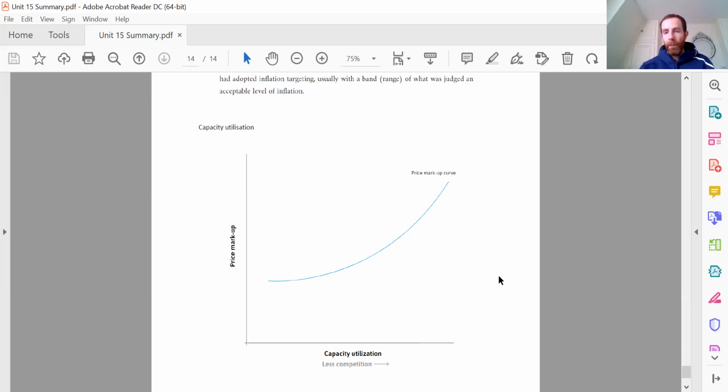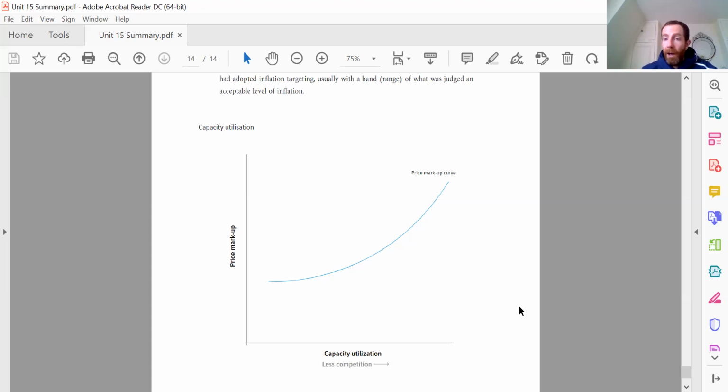So what's the story behind that? Well, we imagine when capacity utilization goes up, when firms are using more and more of their factors of production, that's probably in response to a higher level of demand for goods. And as a result, this higher level of demand, indicated by higher levels of capacity utilization, probably means that there's now less competition, because if all firms have this higher level of demand, it probably means consumers can't get those goods elsewhere.